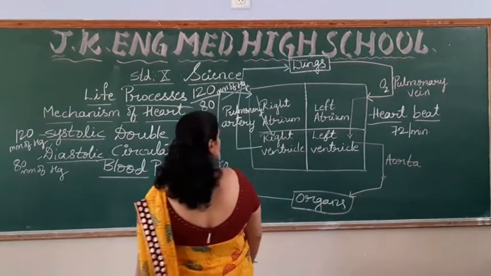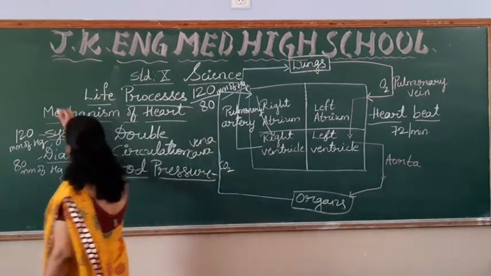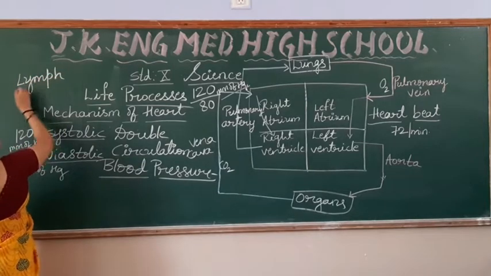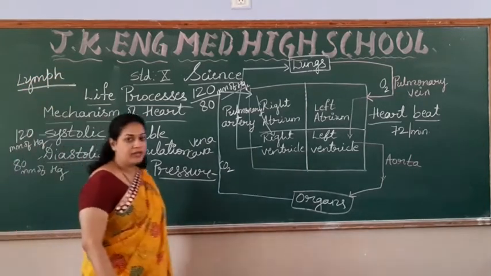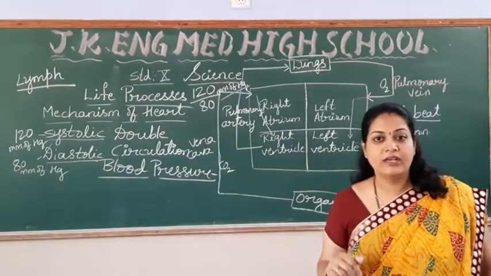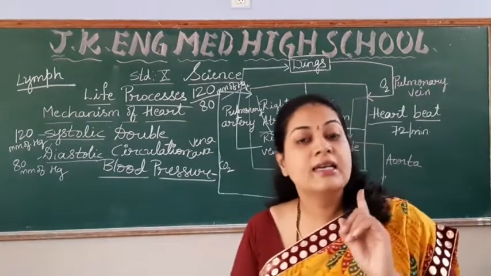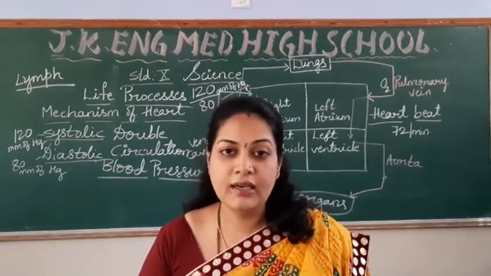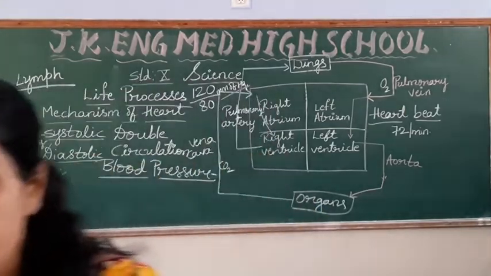Coming to the next one. Hope you remember in our first class we said there are two types of circulatory system. One is the blood circulatory system, one is the lymphatic circulatory system. So let us start with the lymphatic circulatory system.